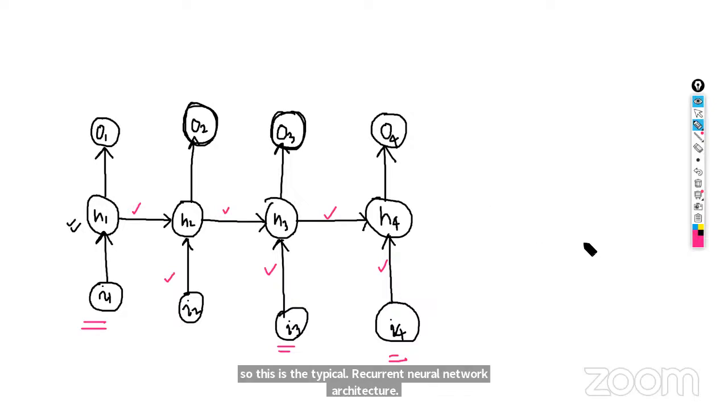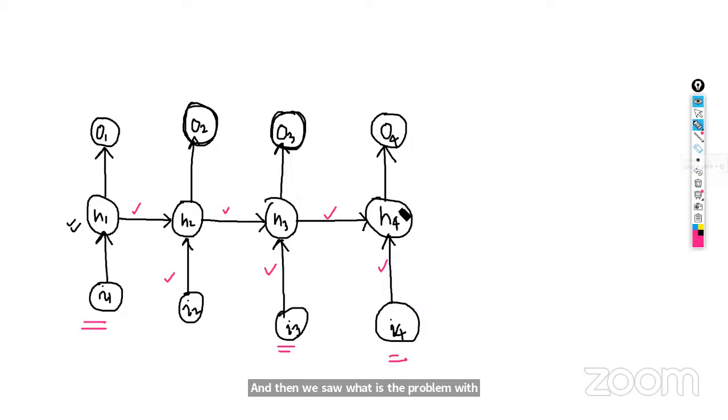And then we saw what the problem is with this recurrent neural network architecture. The problem is basically vanishing gradient and exploding gradient. Whatever weights we have for these recurrent layers, we call them W recurrent, W_REC.